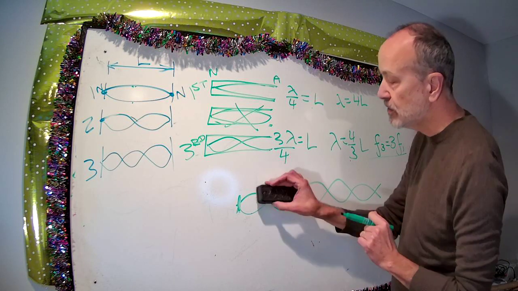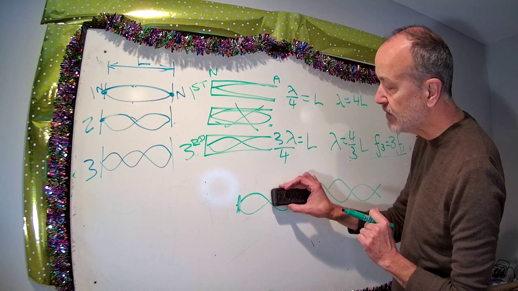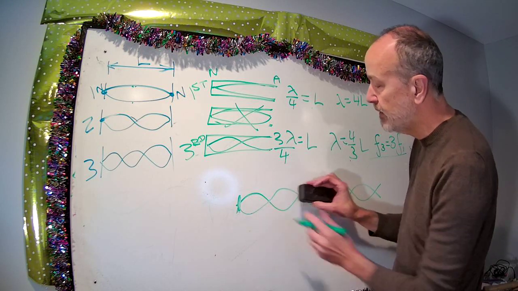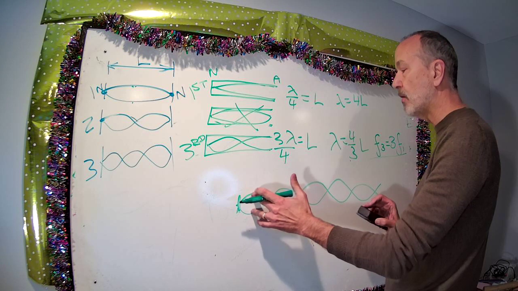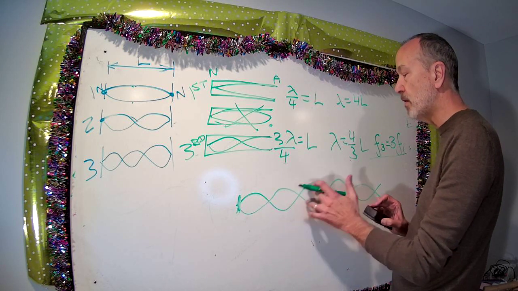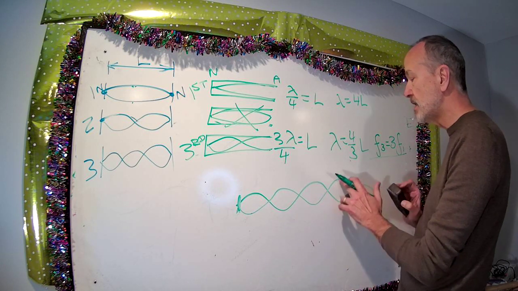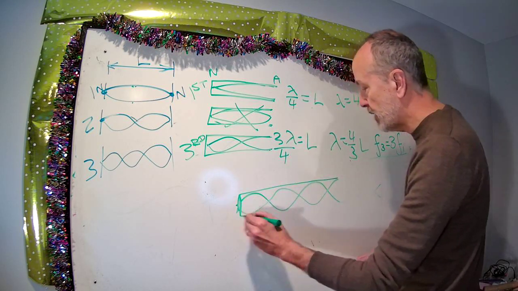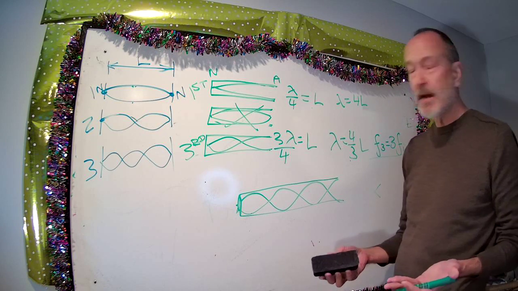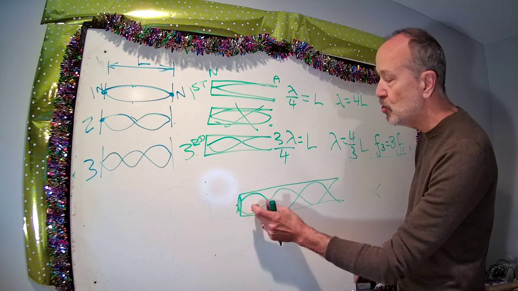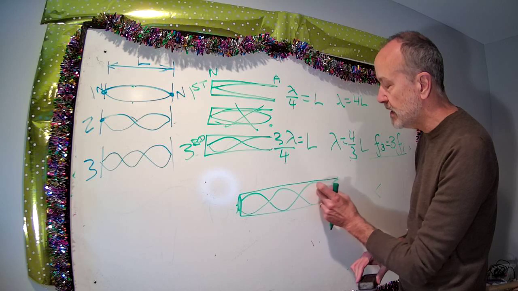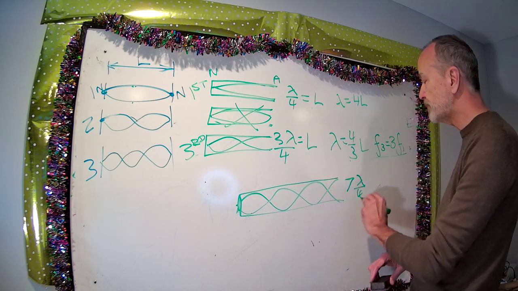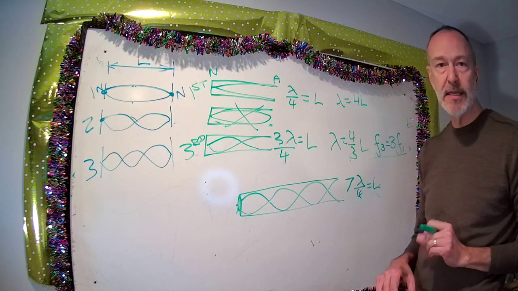If I go to 2/4 wavelength, that would be my second harmonic, which doesn't exist. Third harmonic, right? If I had to go to the 7th harmonic, 1, 2, 3, 4, 5, 6, 7th harmonic would look like that. If you draw my pipe like that, that's what a 7th harmonic would look like. It has 1, 2, 3, 4, 5, 6, 7 quarter wavelengths equal to that length.